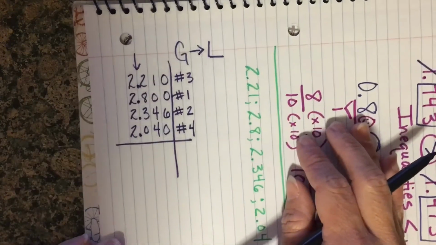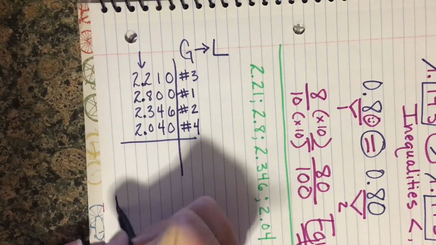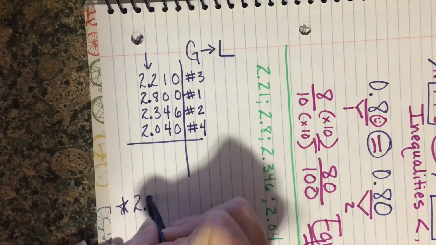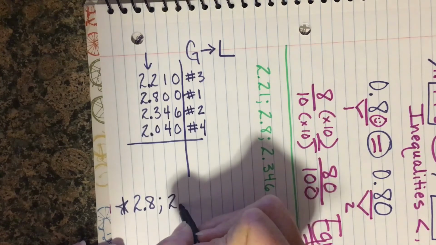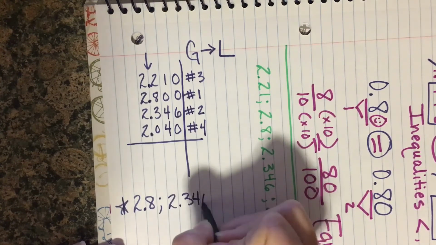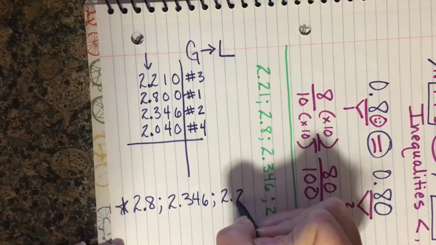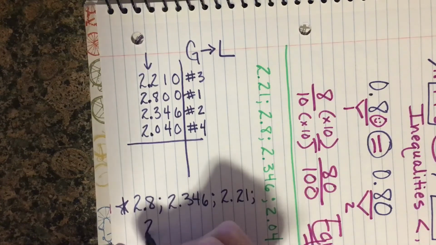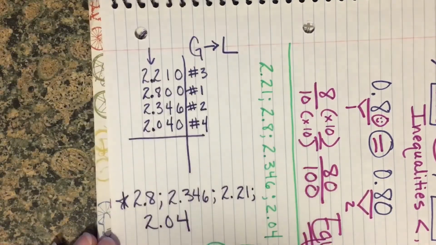And then to write my answer, all I'm going to do is drop those zeros and do 2 and 8/10, 2 and 346 thousandths, 2 and 21 hundredths, and then my last one is 2 and 4 hundredths.